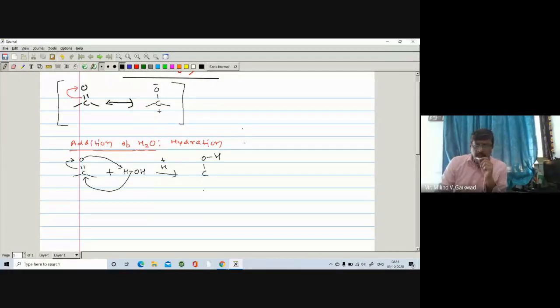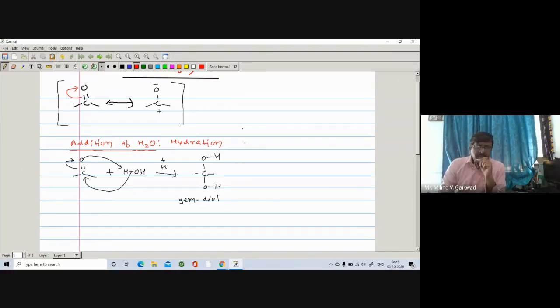So you get addition of OH. So it is a diol, and as the two OH groups are directly attached to the same carbon, it is called a gem diol. Gem means on the same carbon atom.